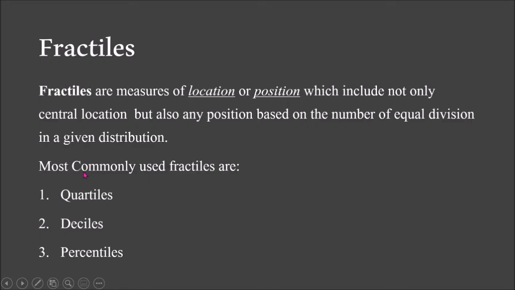There are 3 most commonly used fractiles: quartiles, deciles, and percentiles. When we say quartiles, we're dividing into 4 equal parts. When we say deciles, from the word deci, that is 10, we divide into 10 equal parts. And when we say percentiles, we are dividing into 100 equal parts.